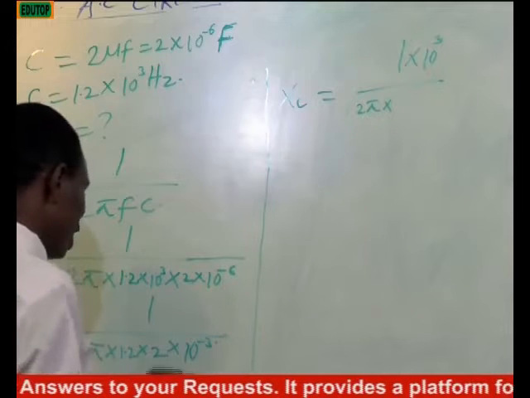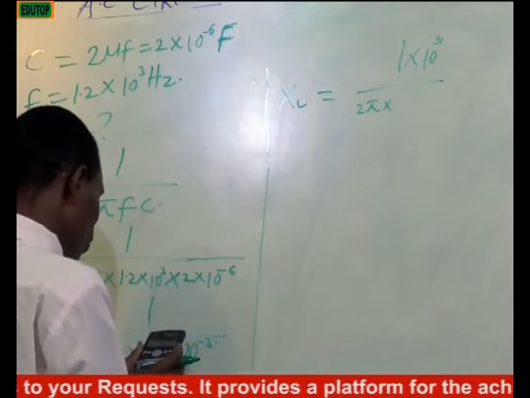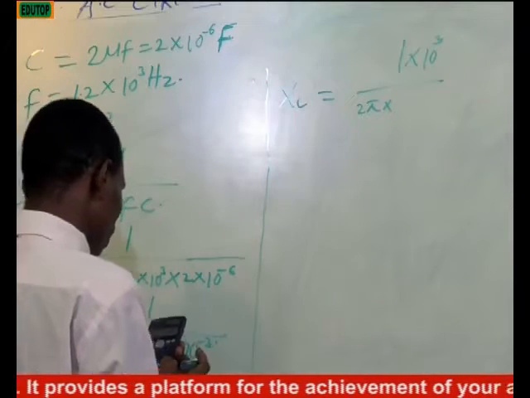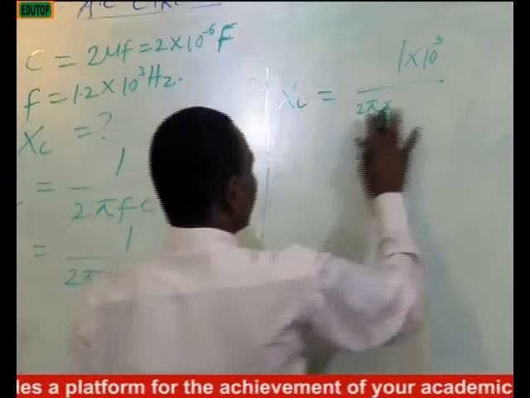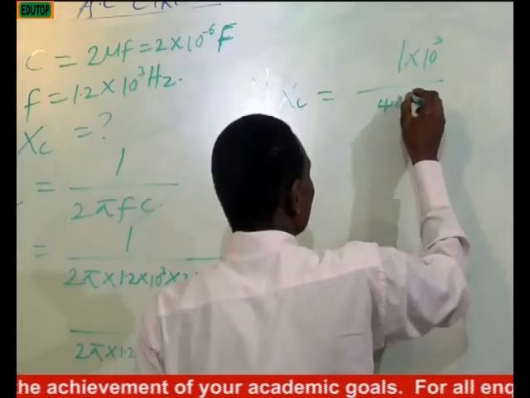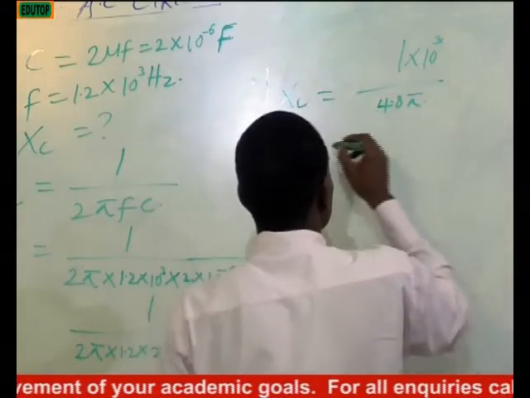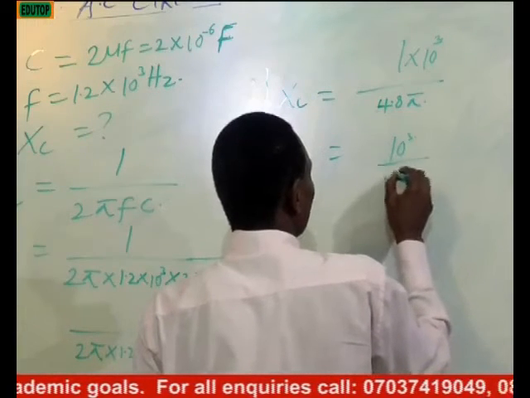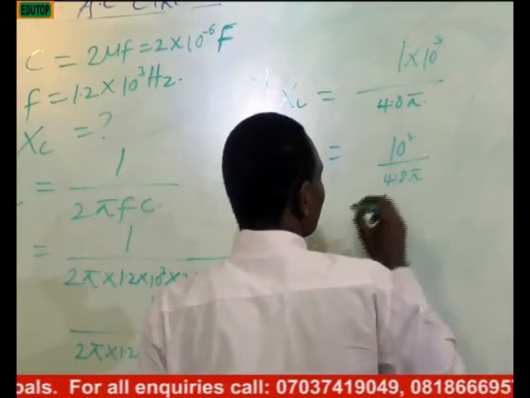Let's take everything together. We are going to have 2 times 1.2 times 2, that's 4.8 pi. Which is equal to 10³ divided by 4.8 pi.